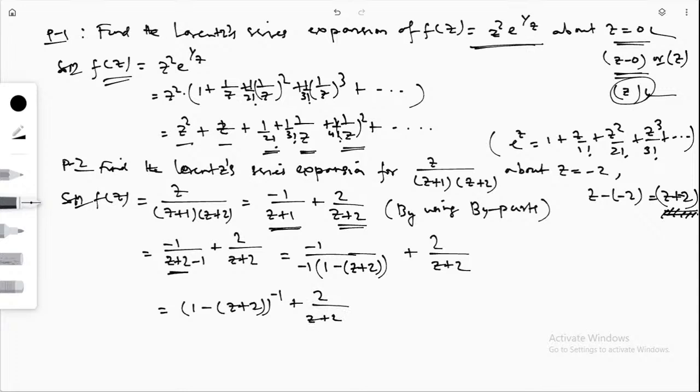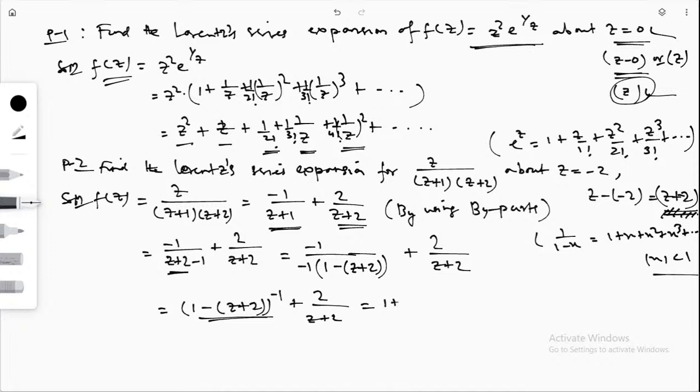This is the series expansion we already know. What is 1 divided by 1 minus x? This is 1 plus x plus x square plus x cube plus dot dot dot, where mod x is less than 1. Okay, so I will use that formula.